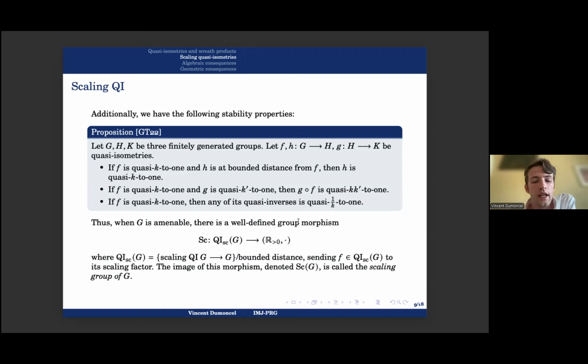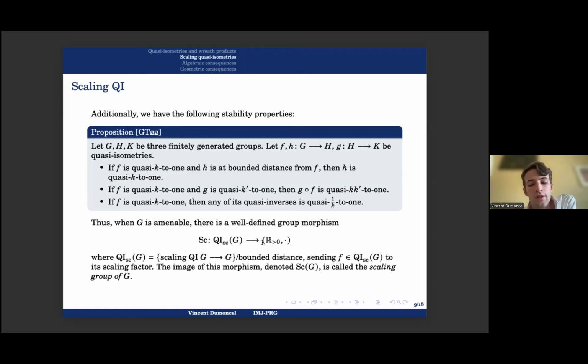Okay, and so if we sum up this proposition in one observation, it is saying that when you look at an amenable finitely generated group, you have a well-defined group morphism, called the scaling morphism, that sends any scaling self-quasi-isometry of the group to its scaling factor. It is well defined because, in the amenable case, the scaling factor is unique. And the properties with respect to composition are exactly saying that this map is a group morphism.